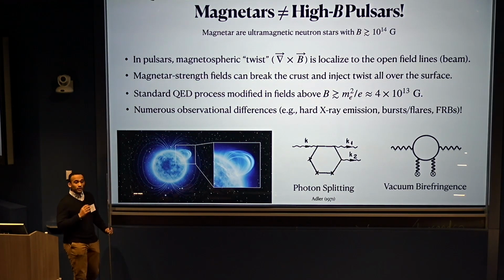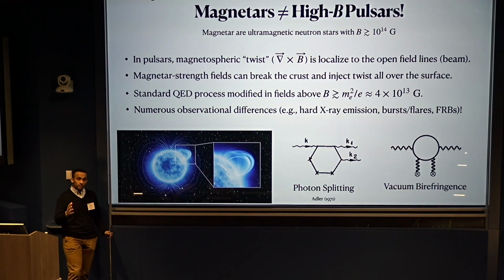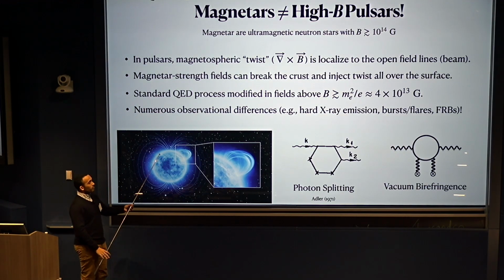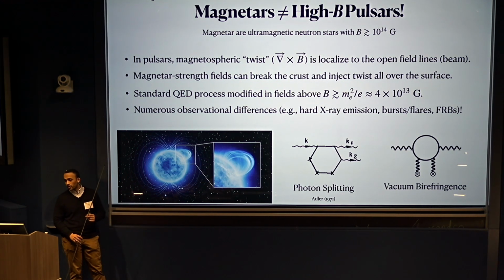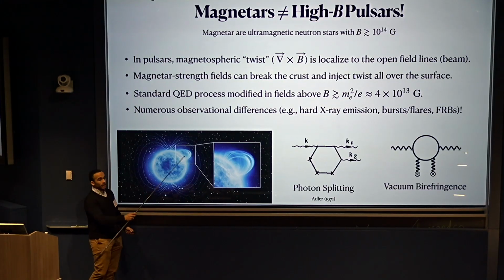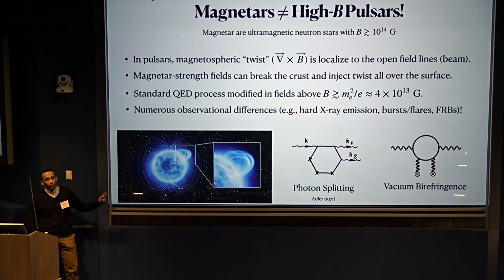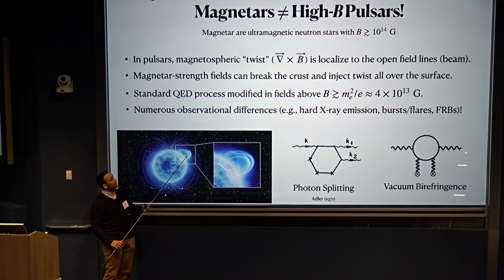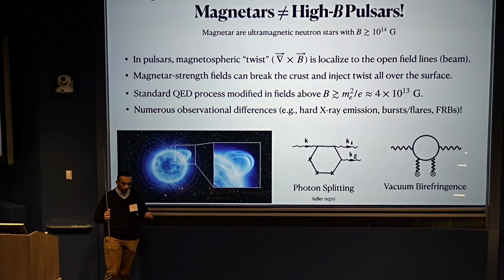There are actually fundamental scales that you cross when you go from a pulsar strength magnetic field to a magnetar strength magnetic field. So for example, one of those important scales is the electron mass squared. The magnetic field corresponding to the electron mass squared is about 10^13 Gauss. And when you go above what's called the critical magnetic field, standard QED processes are modified.